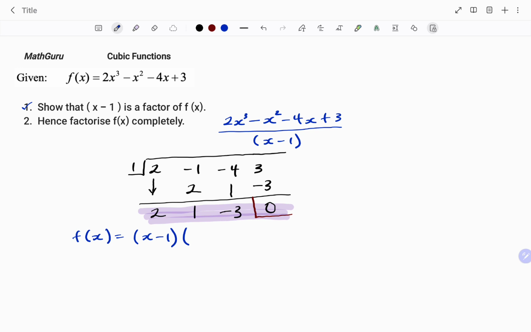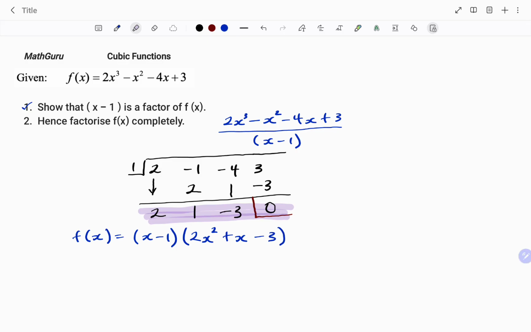Now the first coefficient is 2, that will now be 2x squared. I'm going to drop my cube to 2, taking out 1, and then I have my plus 1. So my plus 1 becomes plus x, and then negative 3 will be the constant minus 3. X to the power of 0 is 1, so I leave it as that.